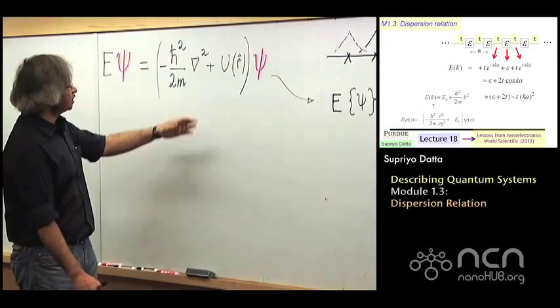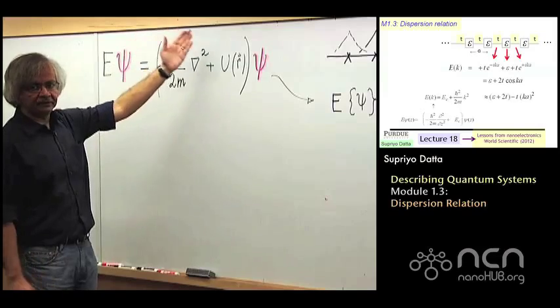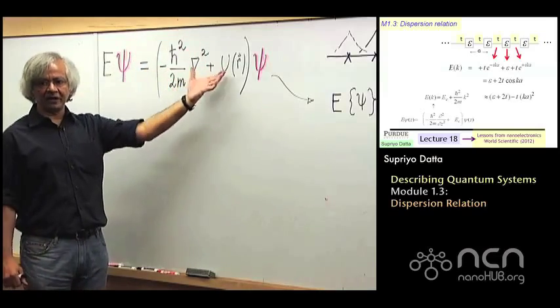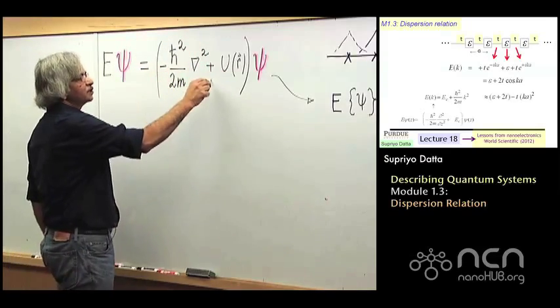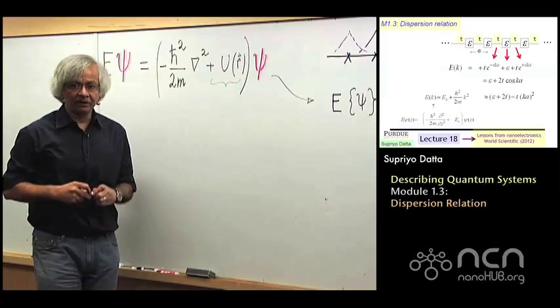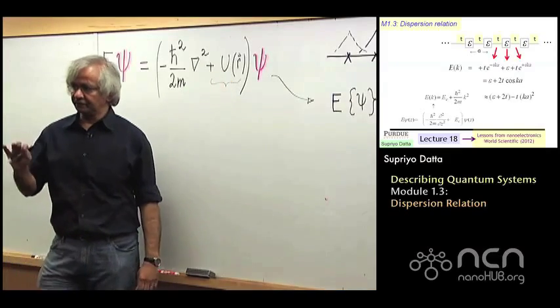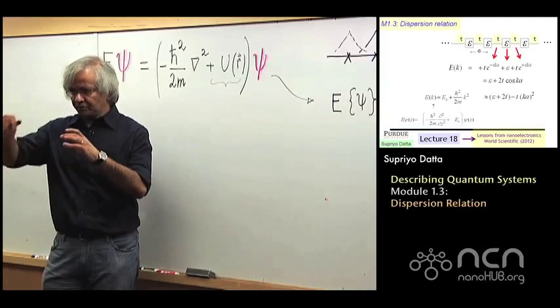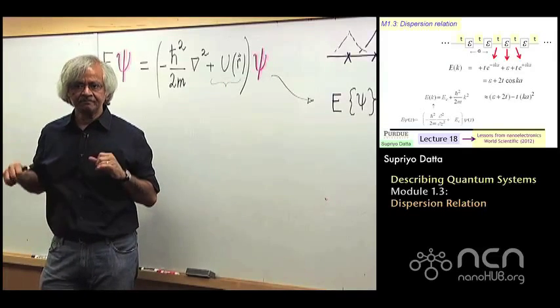So when you have a Schrodinger equation like this, that's of course for an electron in a vacuum, and then this potential would represent the solid. What that would mean is that the potential is a very complicated thing. It represents all the atomic potentials that the electron sees.